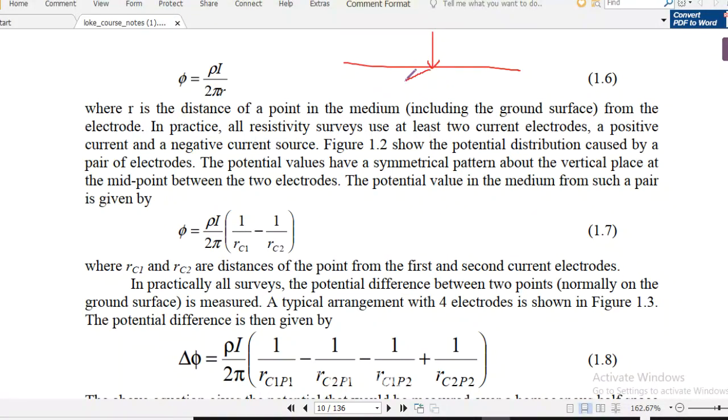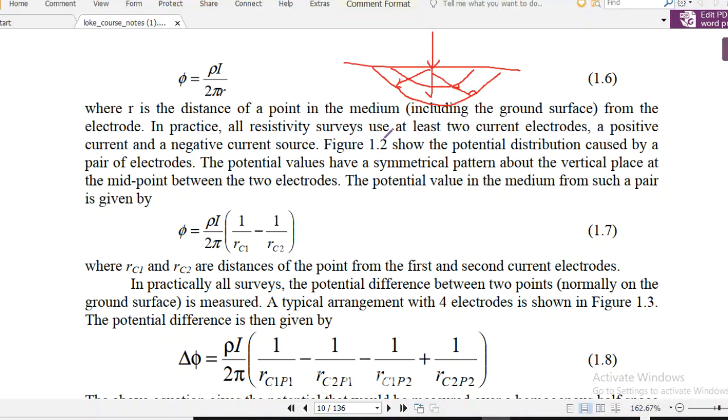The current flows in different directions like this. So you have equipotential surfaces like this one, perpendicular to the direction of the current. Here, the direction of the current and the equipotential surface are at 90 degrees.